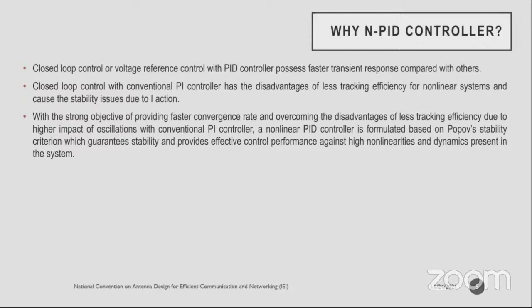These oscillations can be damped with the derivative action, but it should be properly tuned. Unless it is properly tuned, it is a big issue. That's why we are going for a nonlinear PID controller, to overcome the disadvantage of less tracking efficiency due to the higher impact of oscillations with the conventional PID controller. How it is designed, let's see.